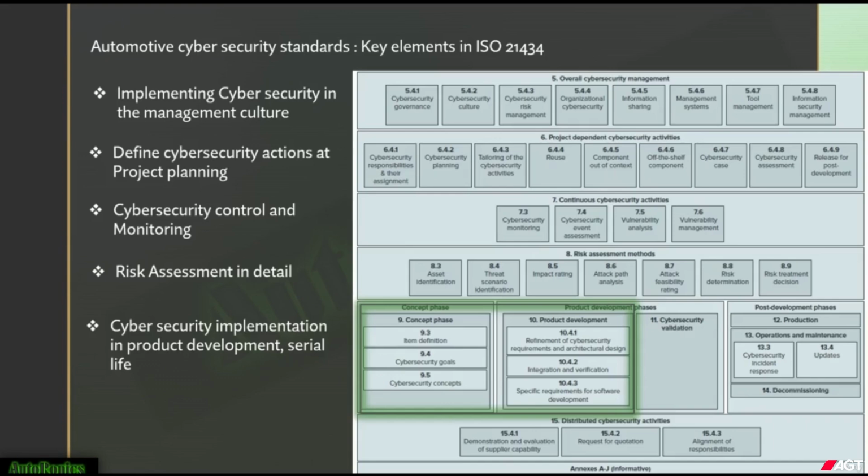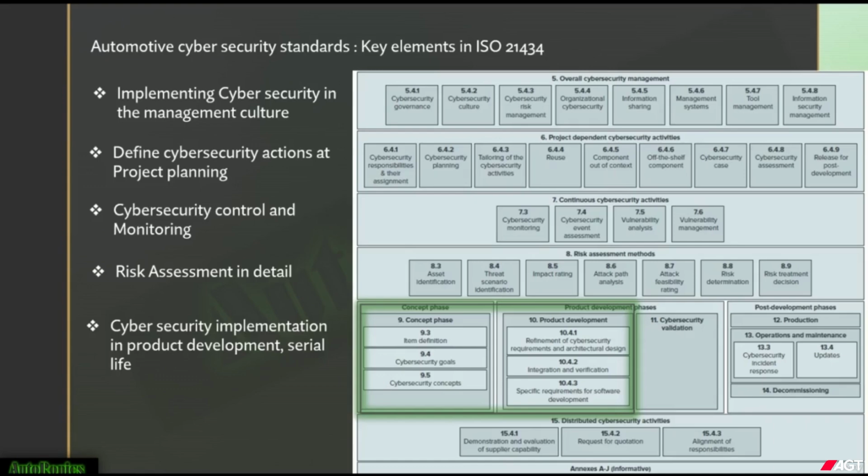So then in product development, the chapter describes the standard specification of the cybersecurity requirements and the architectural design related to the left leg of the development wheel model, which means a sample workflow for product development, and the integration and verification activities corresponding to the right leg of the wheel model.